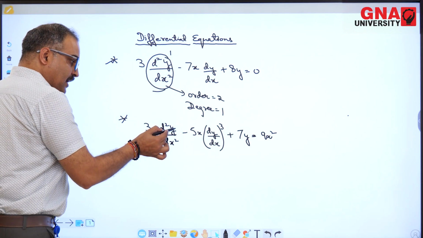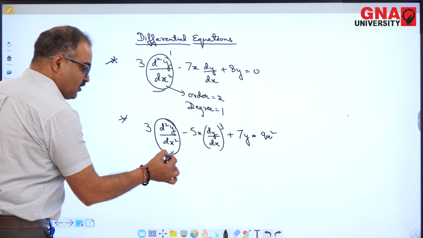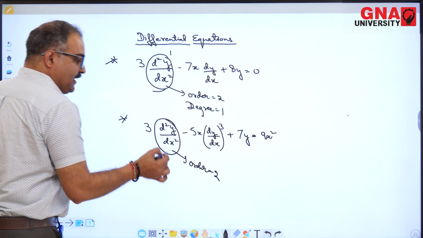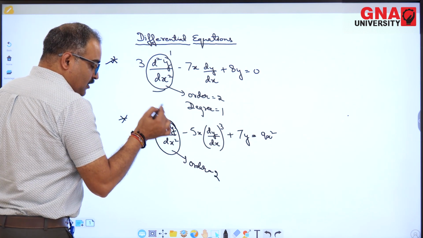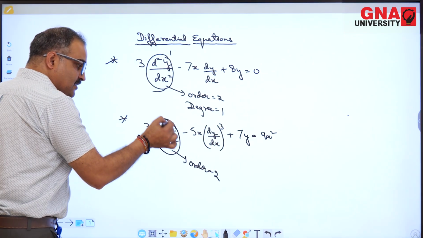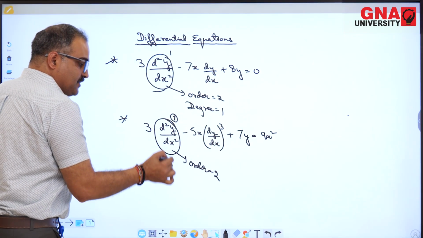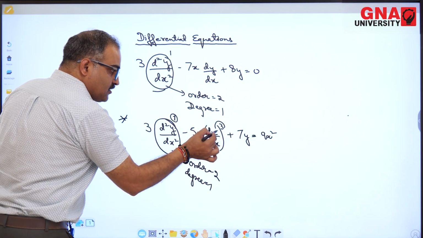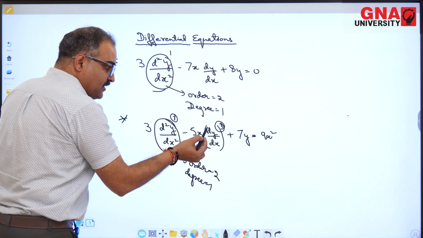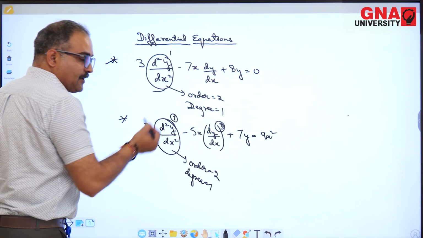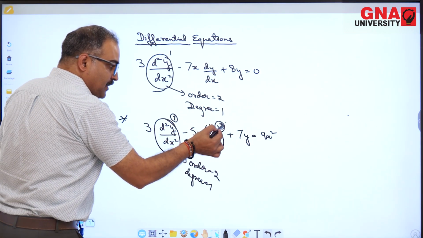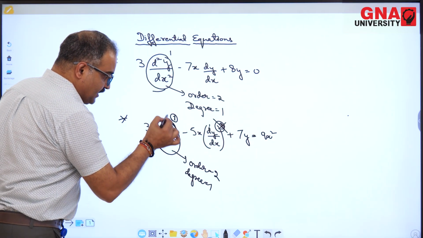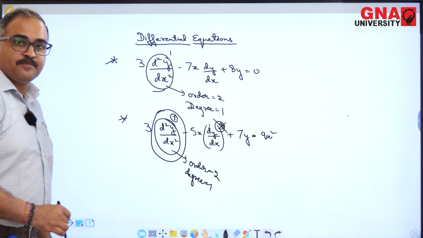Here the highest order derivative is this part, so order will be again 2, and degree, what about degree of this one? Its highest order will have a power 1, so its degree will be 1. I will not consider this part because its derivative is first time, so its power will not be considered. Here the order and degree will be for this part.